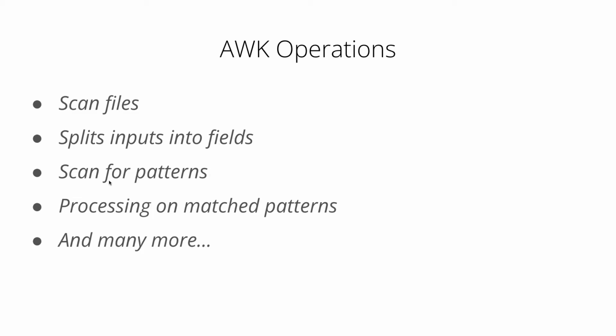We can also scan for patterns, which means in case you want to search for some pattern in the given input file, you can simply pass the pattern and it will return all the lines which match this pattern. Then we can do processing on the matched patterns. Similarly, we can do different operations using awk, like conditionals or for loops. We will see all those examples in the demo section. For now, I'll go to the next slide.